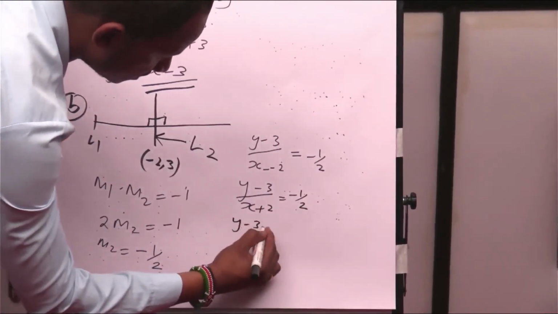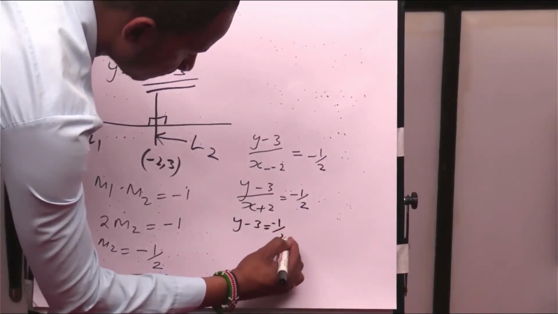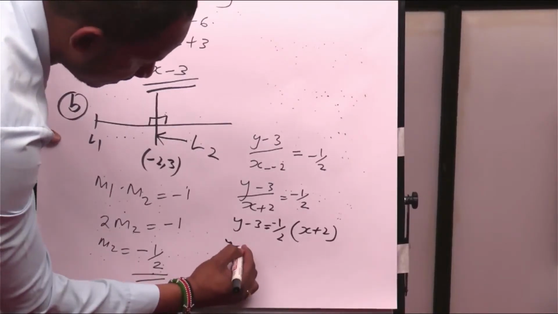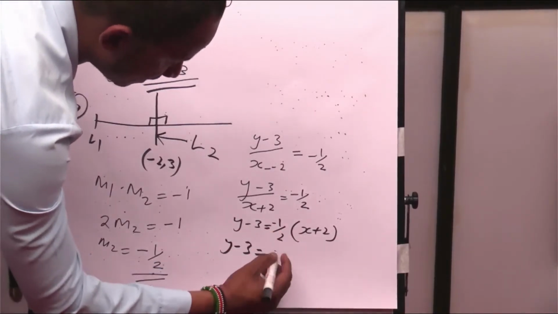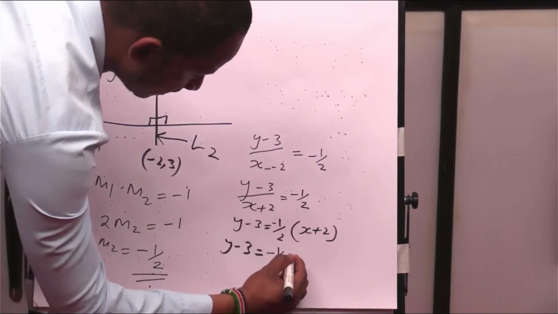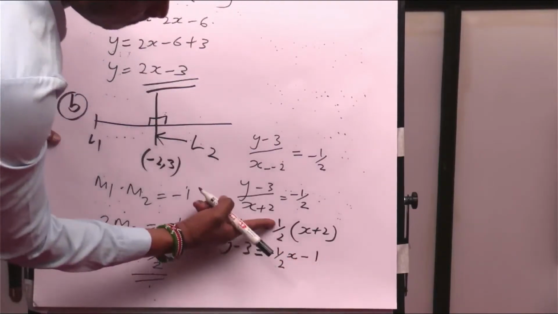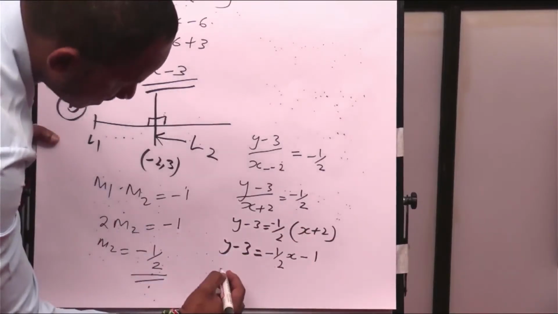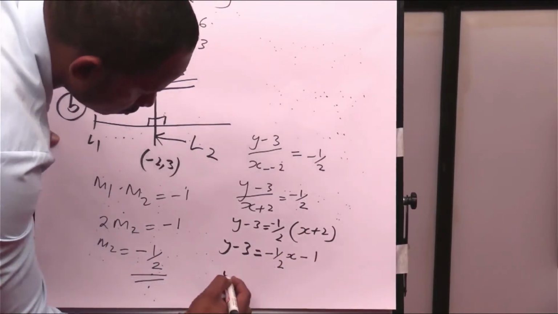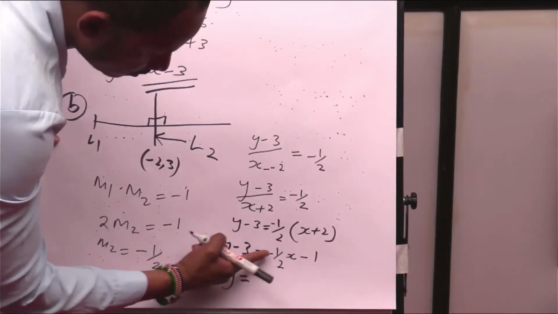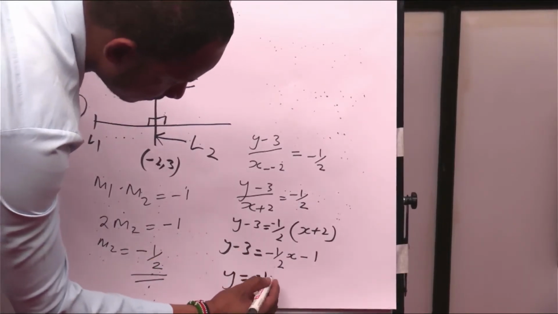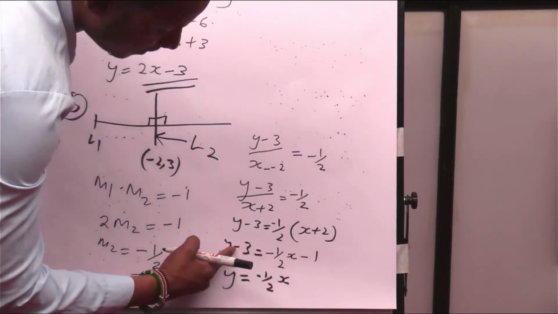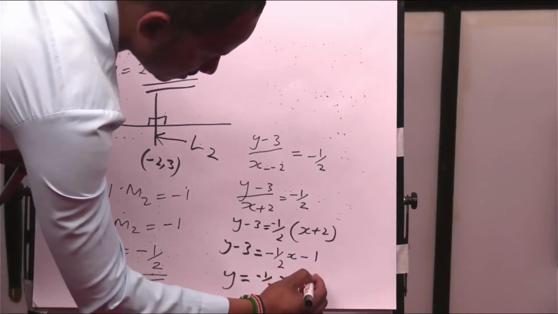So y minus 3 equals minus a half into x plus 2. Therefore, y minus 3 equals, when you open the brackets, minus a half x minus 1. Minus a half times 2 is minus 1. Then 3 crosses the other side. So y equals minus a half x, then minus 1 plus 3 becomes plus 2.